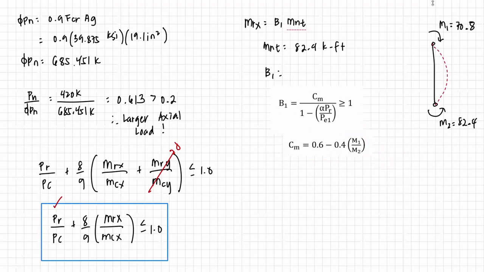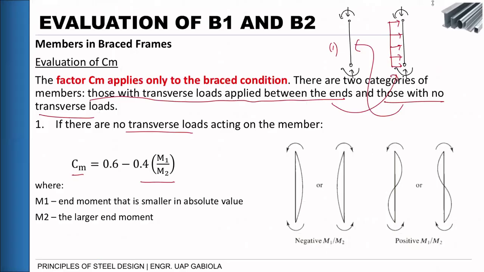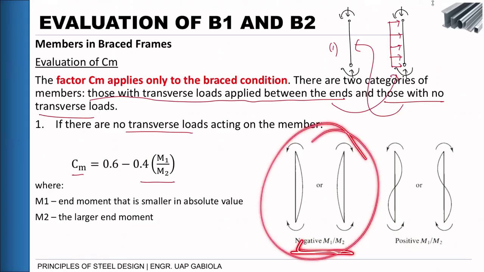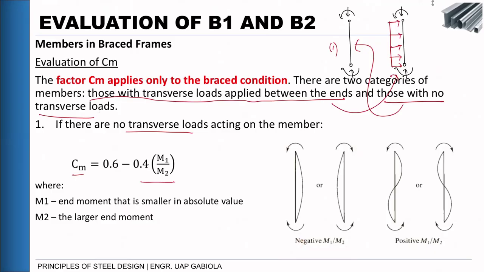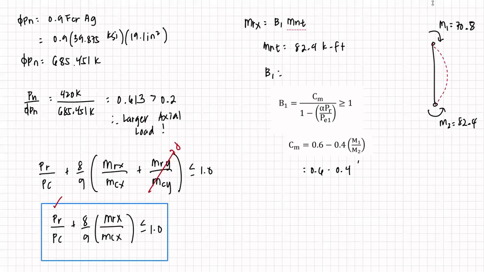So Cm is equals to 0.6 minus 0.4. Pero since single curvature siya, again, pag single curvature, sabi natin, that is what type of moment? We have a negative ratio ng M1, M2. Okay, ito. Negative yung M1, M2 natin. So, dito sa solution natin, it should be negative yung ratio natin. So, 70.8 over 82.4.